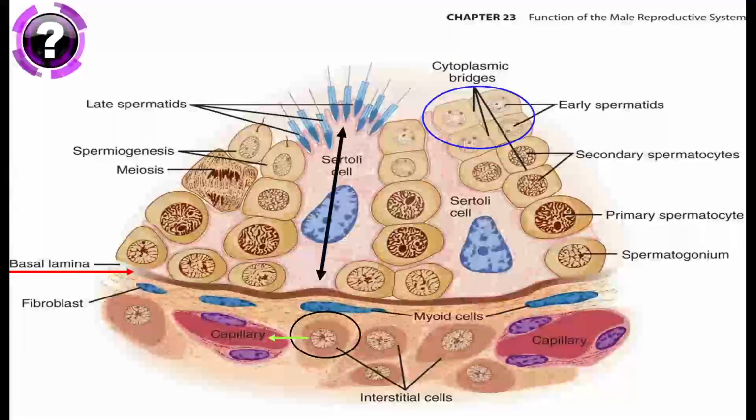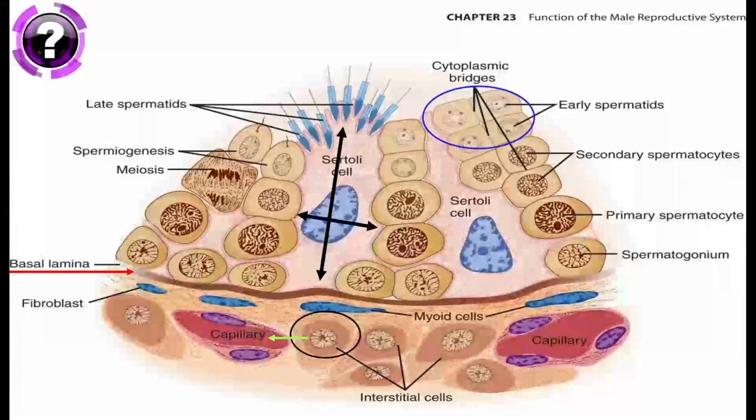lamina to the lumen, and this large cell is the Sertoli cell or the nursing cell. It is placed through and through the germinal epithelium, and it is a large cell, and its nucleus is large as well.